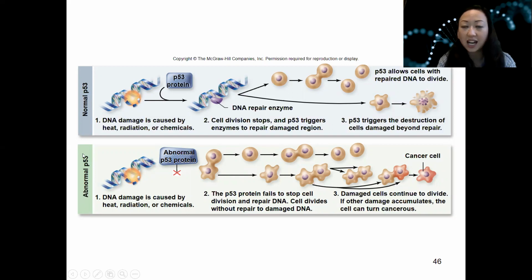Now let's look at the cancerous situation when you have an abnormal P53. Again, this abnormal situation is what we call loss of function. That means the brake pedal does not work. That's when you get into a car accident. But it does not work not because it's stuck and keeps braking.